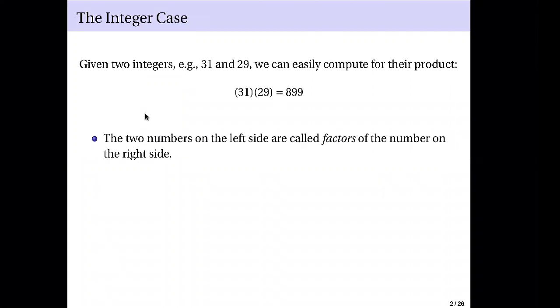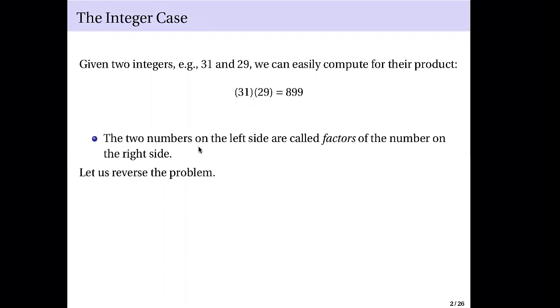Now the two numbers on the left side, 31 and 29, we call them factors of the number on the right hand side. So you multiply two numbers, and each of the numbers is called a factor.